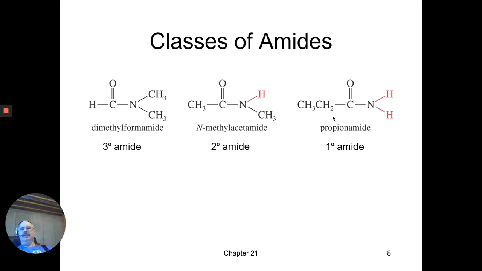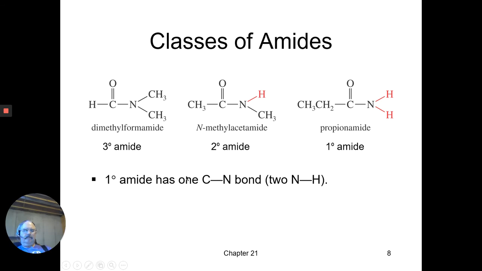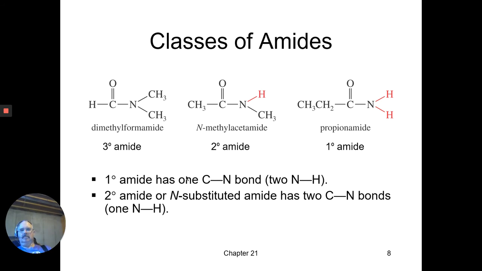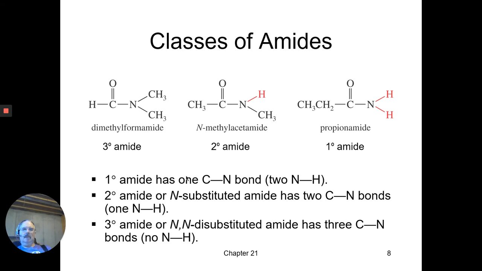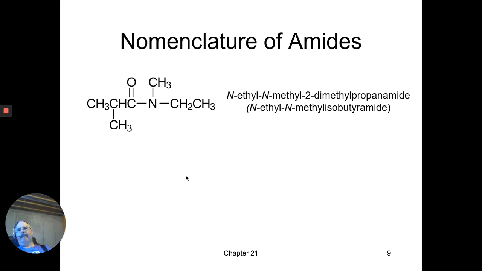Just like with amines, we have primary, secondary, and tertiary amines. Primary, secondary, and tertiary amides. These are classified by the number of carbons directly bonded to the nitrogen. Okay, looking at nomenclature of amides.